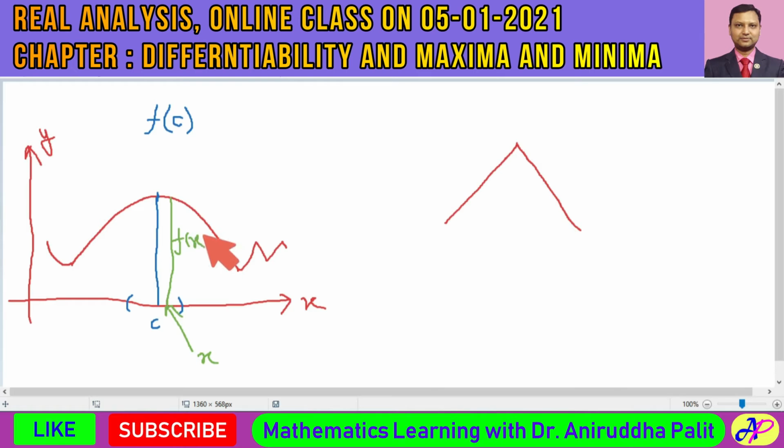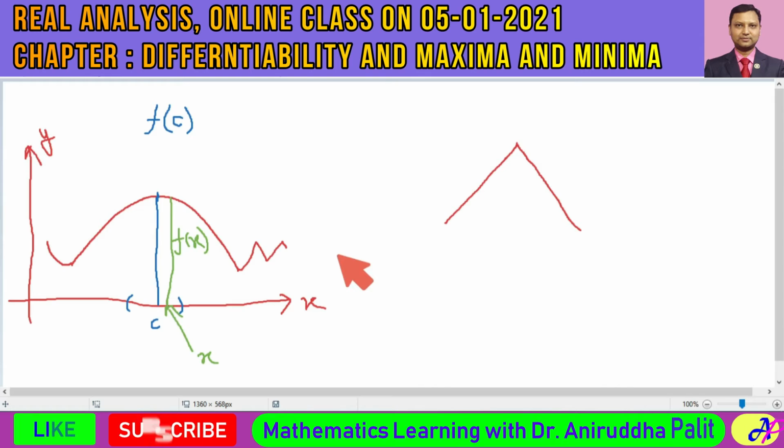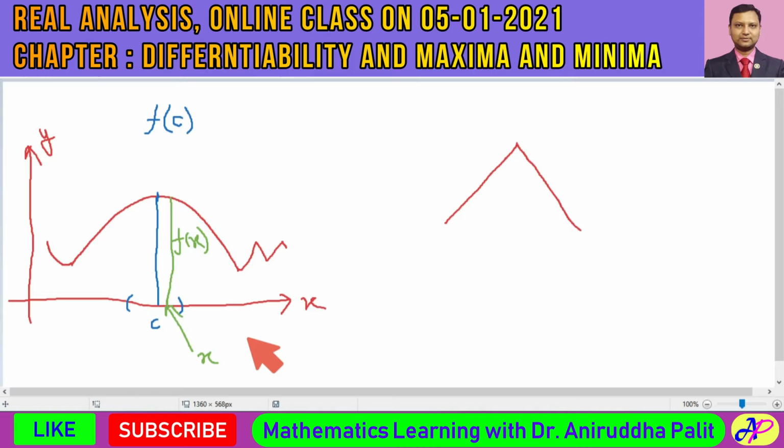Got it? And if this f of x is less than or equal to f of c for all x within this neighborhood, then we say that the function has a maximum at the point x equal to c.